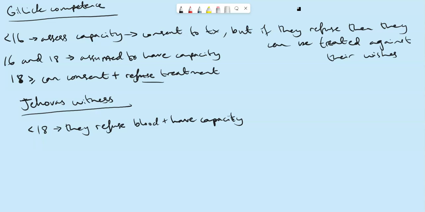Okay, so under the age of 18 they can refuse. So let's say they have capacity, they refuse, you can treat against their wishes. Again, if it's an emergency, then you may not have time to seek a court order ruling, so you can treat them.